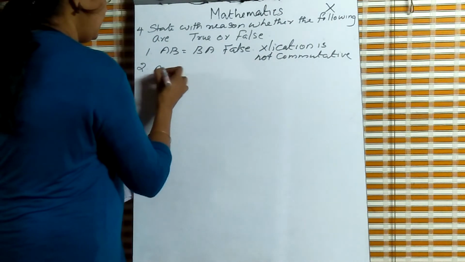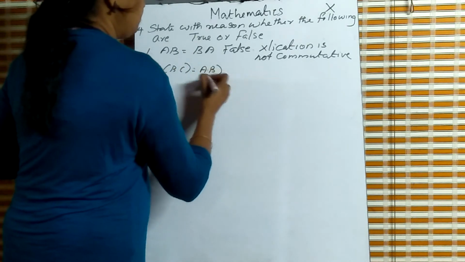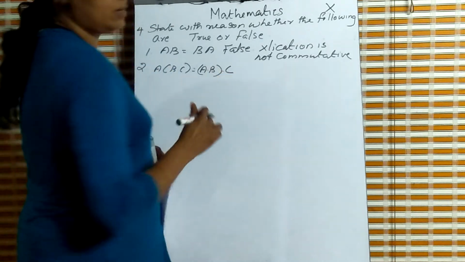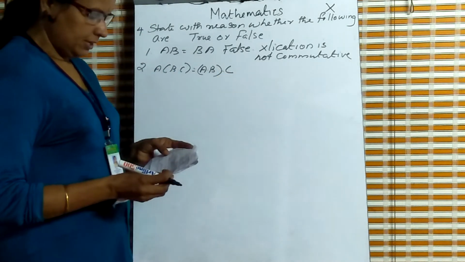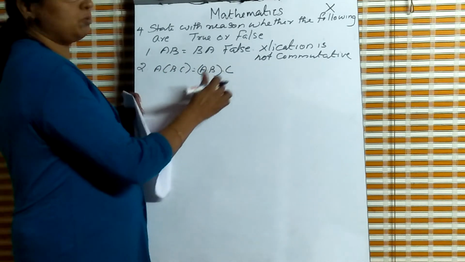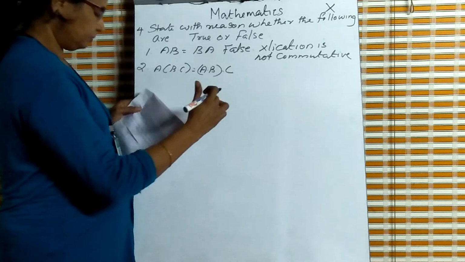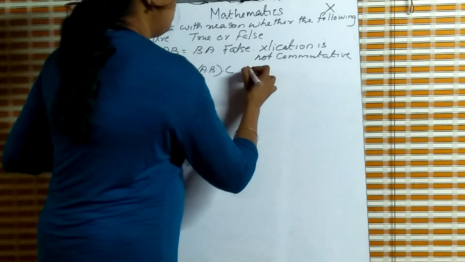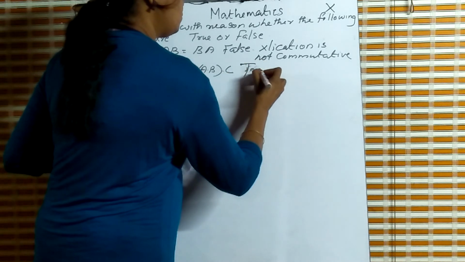Second one: A into B into C is equal to A into B into C. What about multiplication? Associativity. Yes, this is true.